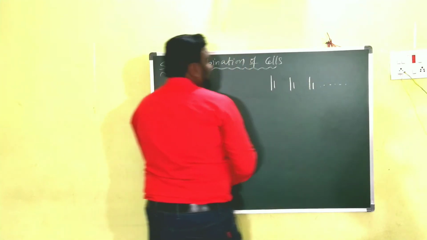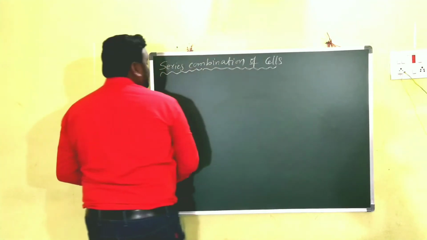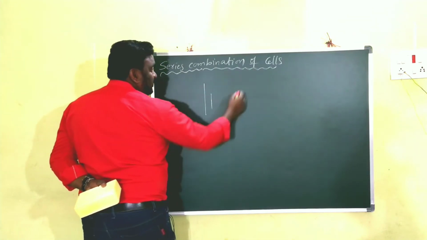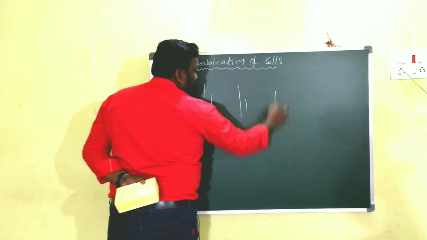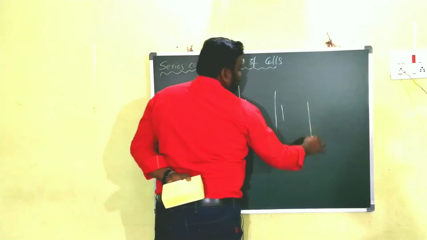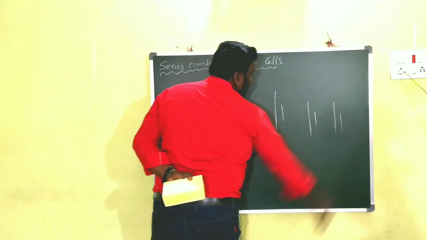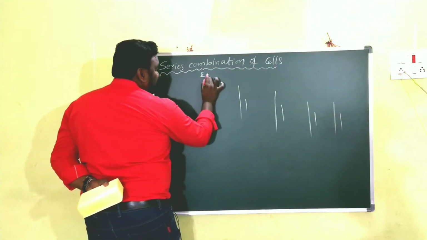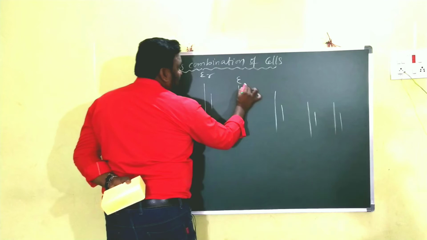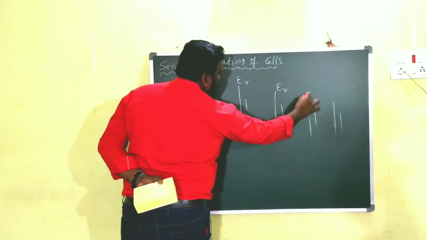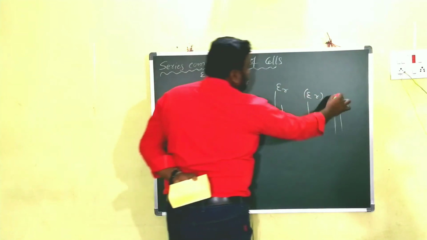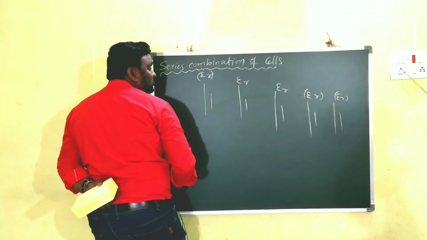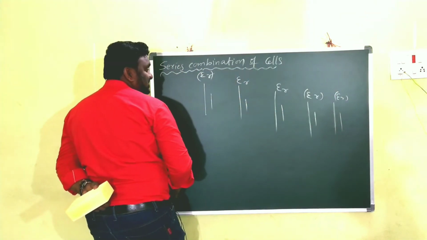To understand clearly, I am going to draw the diagram in big size. Each cell has EMF epsilon and internal resistance R. Here epsilon means EMF and R means internal resistance.